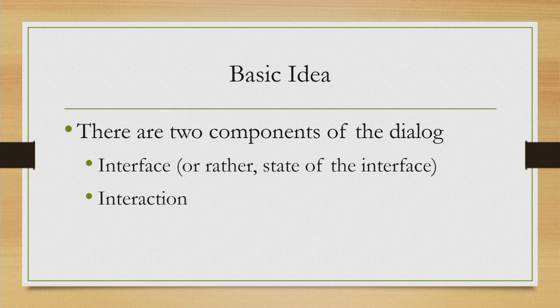Then we can see that in this view of the system as a dialogue, there are two components, the interface and the interaction. By interface we mean the state of the interface, and the second component is the interaction.